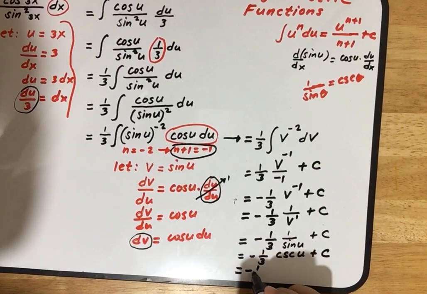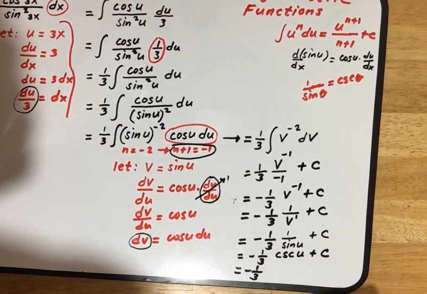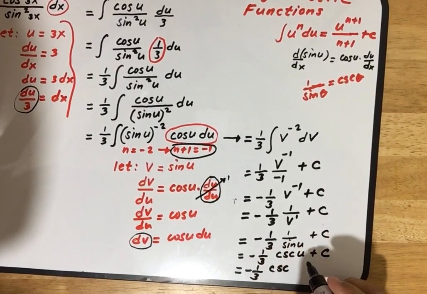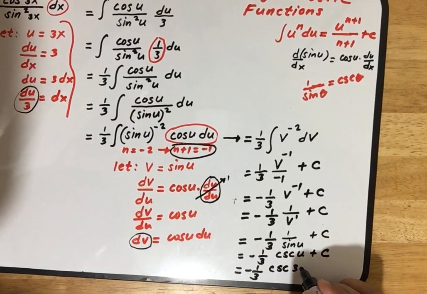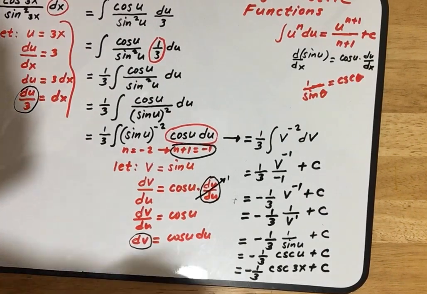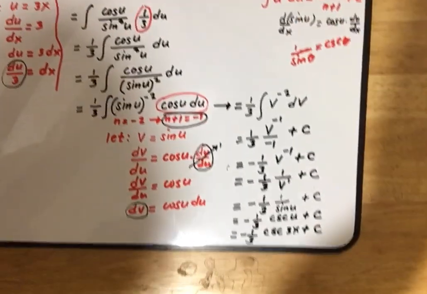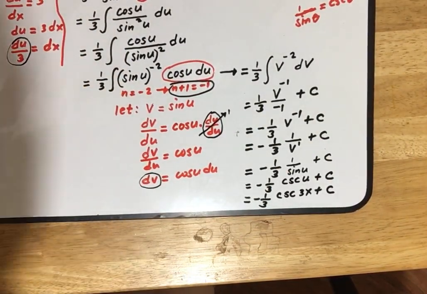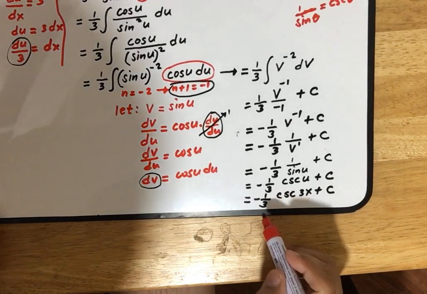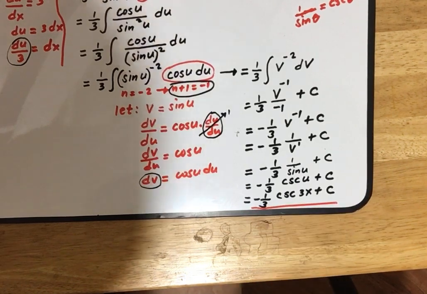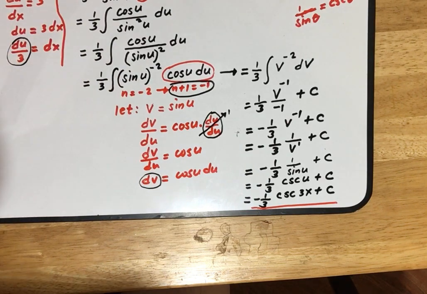So this is negative 1/3 times cosecant 3x, then plus c. I hope you can still see it. So this is our final answer: negative 1/3 cosecant 3x plus c.